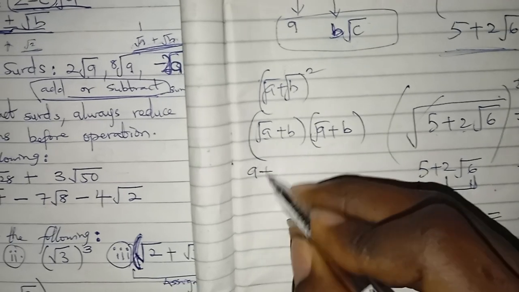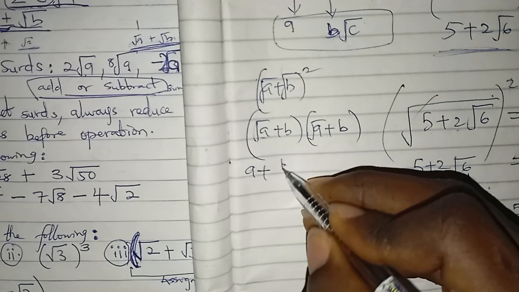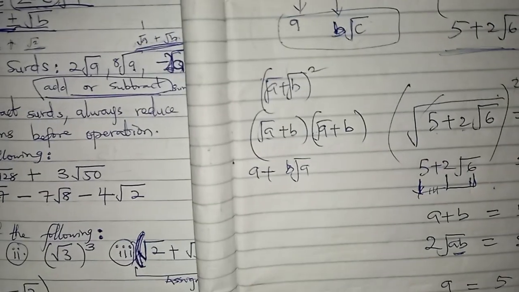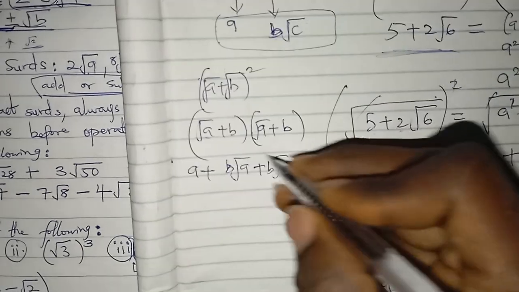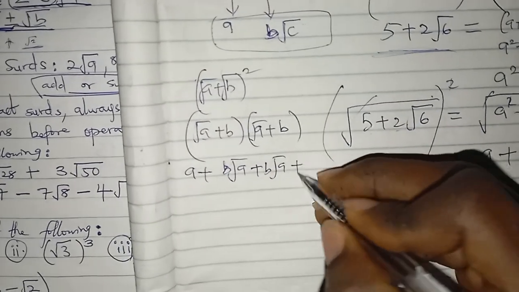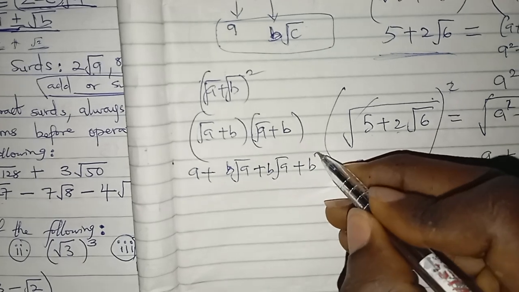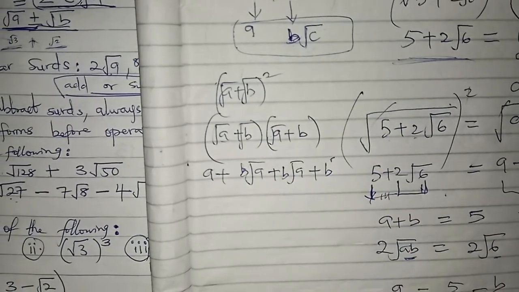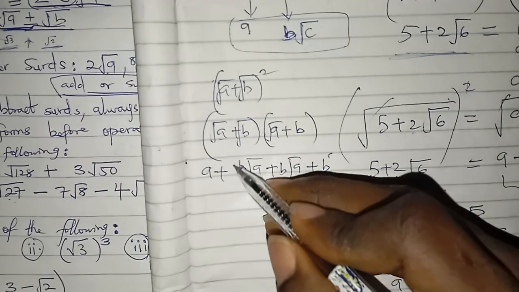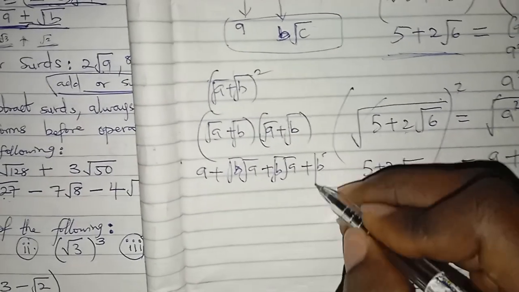Then if you solve this, you see that this is going to be a plus b root a. Then this will be plus b root a, then plus b. Remember this is root b, root a, root b.